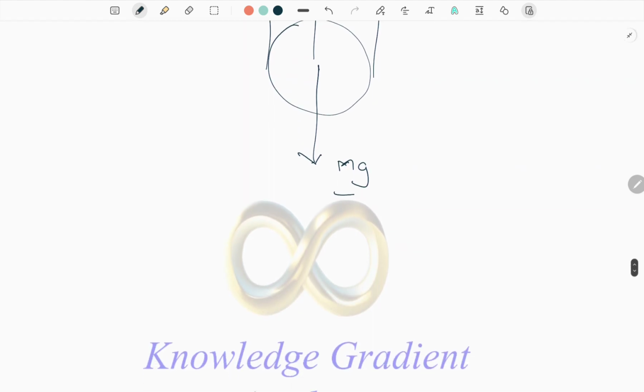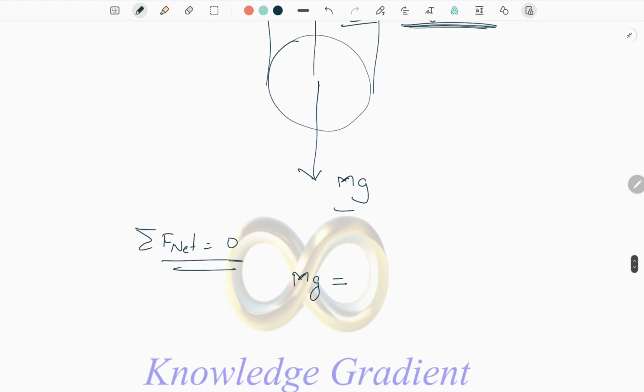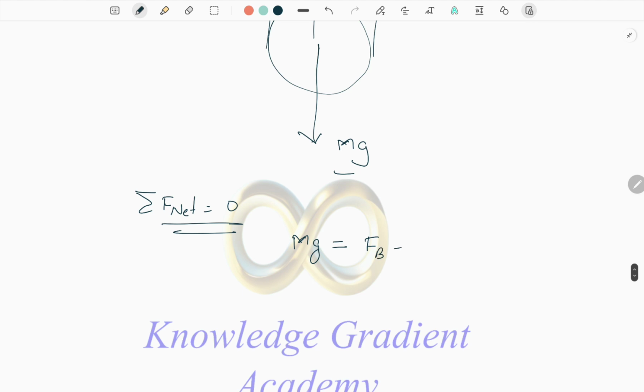So the net force is 0. So mg acting downward is equal to buoyant force plus viscous force. We have to calculate the viscous force, and we know the buoyant force.